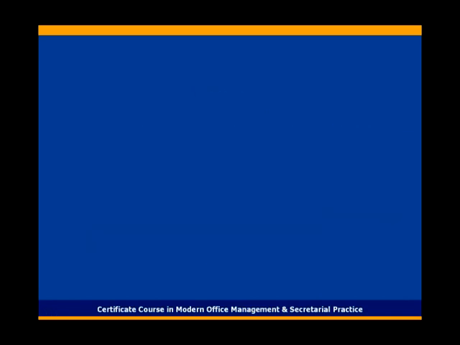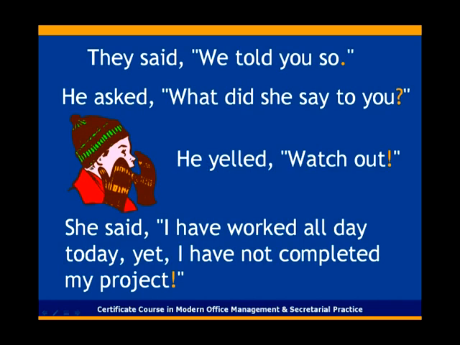For example, they said, "We told you so." He asked, "What did she say to you?" He yelled, "Watch out!" She said, "I have worked all day today, yet I have not completed my project."